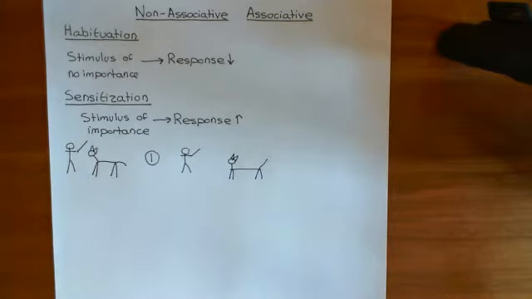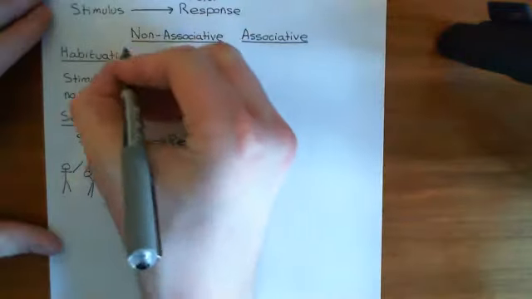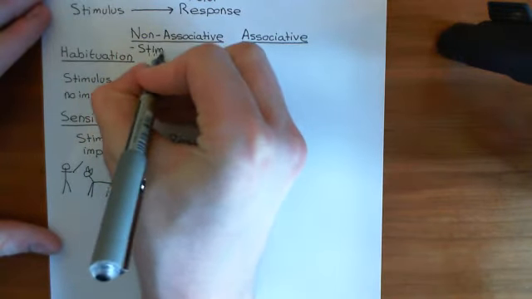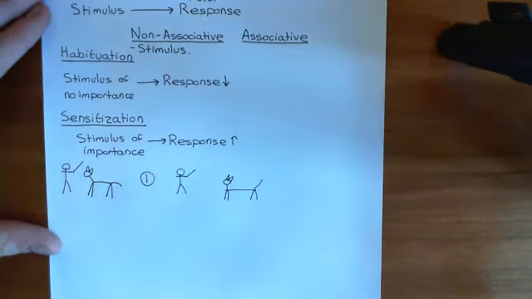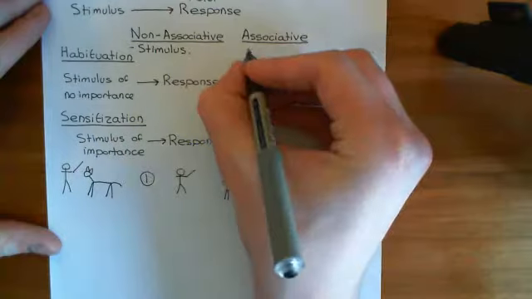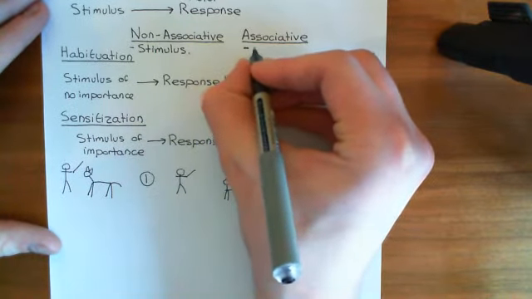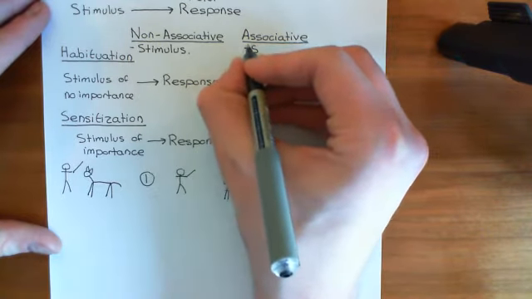The difference between non-associative and associative learning is that non-associative learning only contains one stimulus; it's learning about one stimulus, changing your response to one stimulus, whereas associative learning involves two stimuli which are going to be associated.